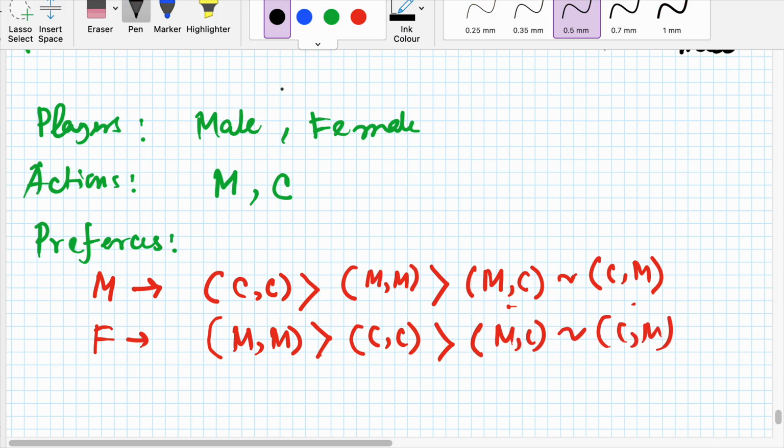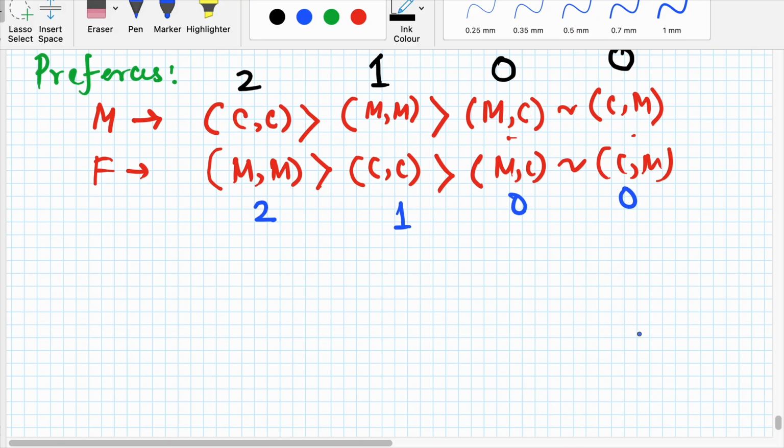Now we can write some numbers. Suppose this is 0, this again 0, this is 1, this is 2 for the male, and for the female, this is 2, this is 1, this is 0, 0. Now we can write the game in this way.